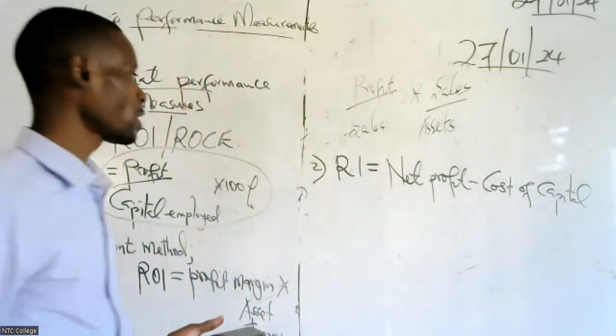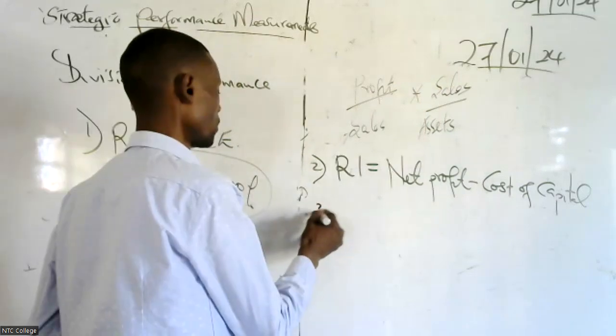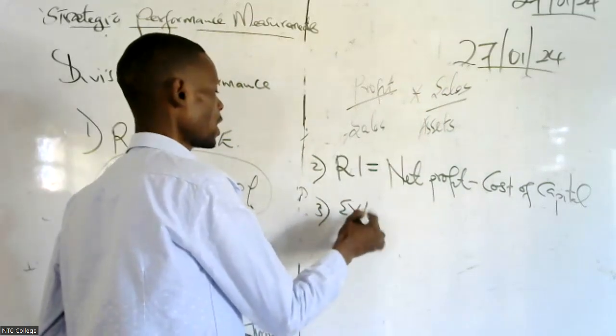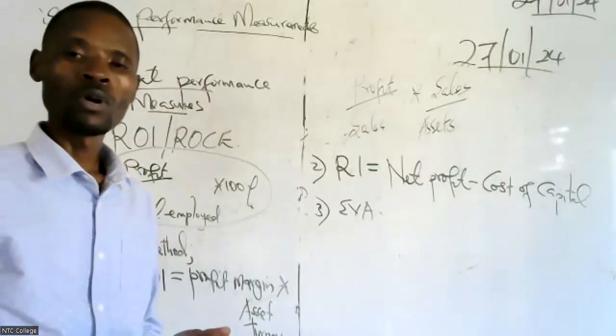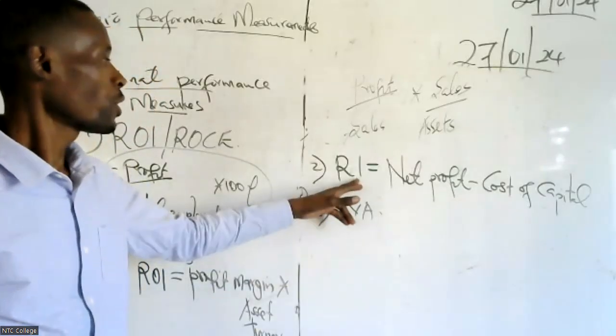The third one is economic value added, which we say is an extension of residual income.